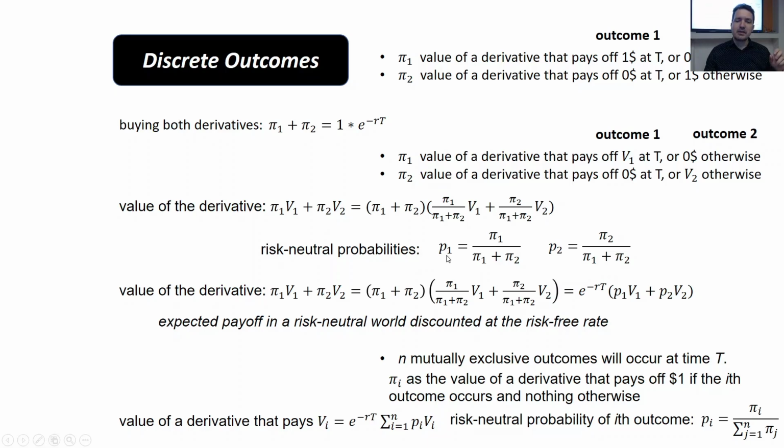We can see that the risk-neutral probabilities will be practically P1 and P2, because this one covers all the possible outcomes. So P1 and P2 says that, okay, this one is happening, or the opposite thing will happen.